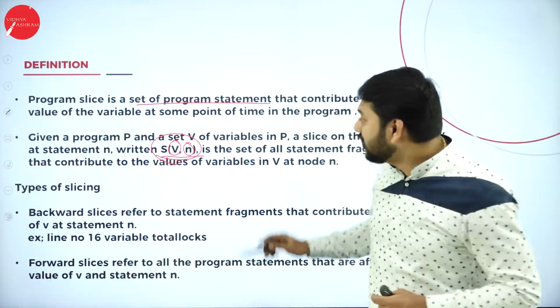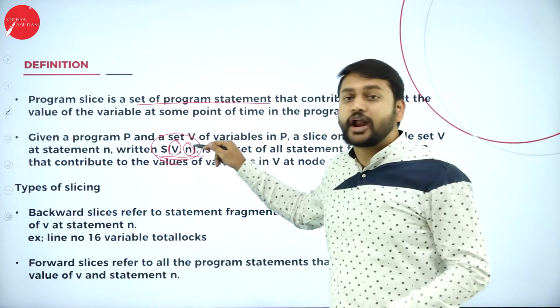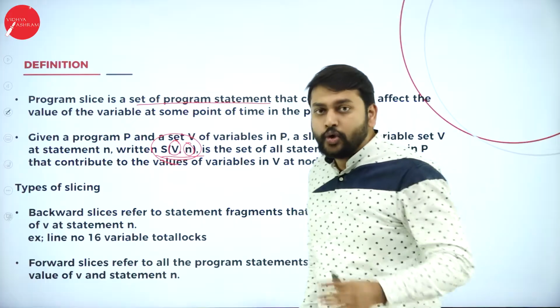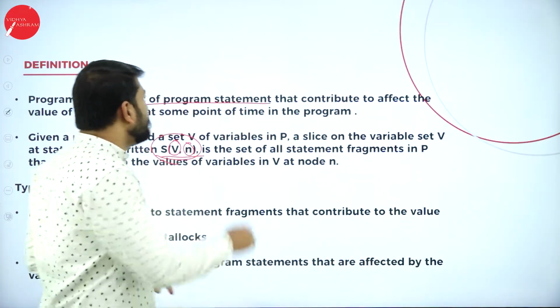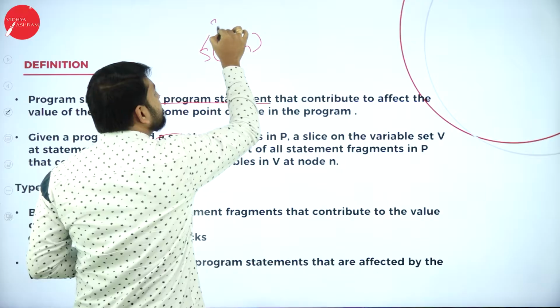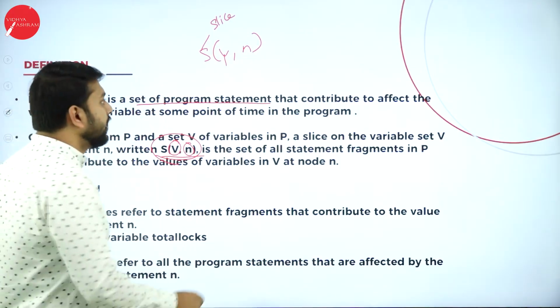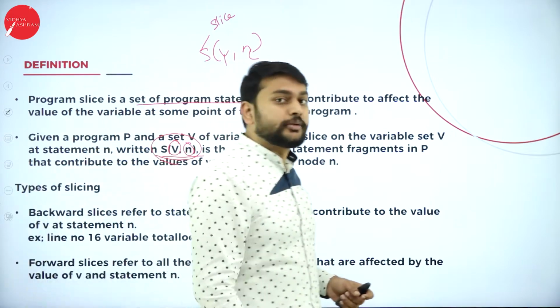So you need to remember this throughout slicing. I will be showing you an example with respect to this. Whenever the concept of slicing comes, remember S of V, N: S for slice, V for variable name, and N for line number.